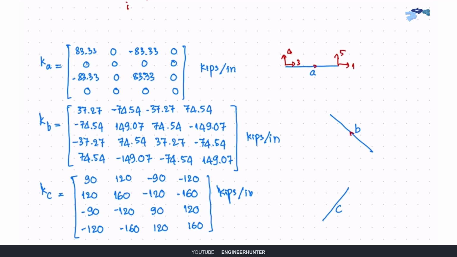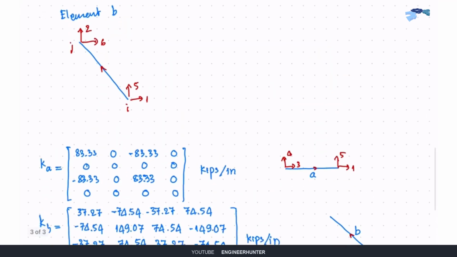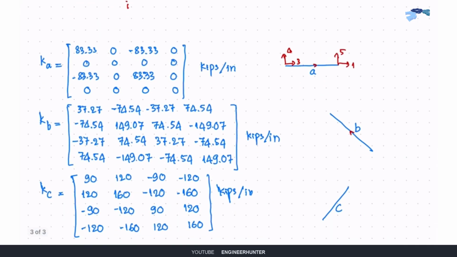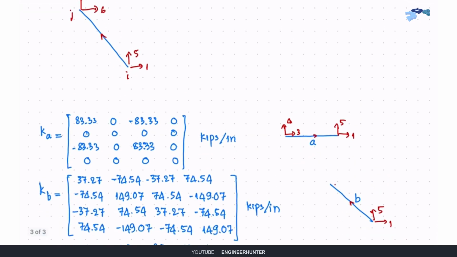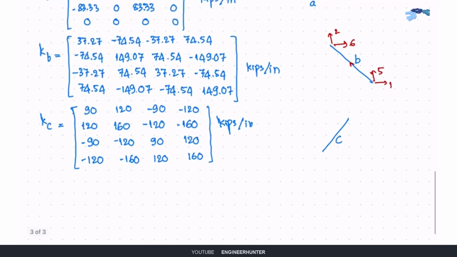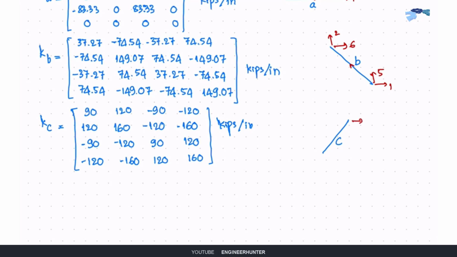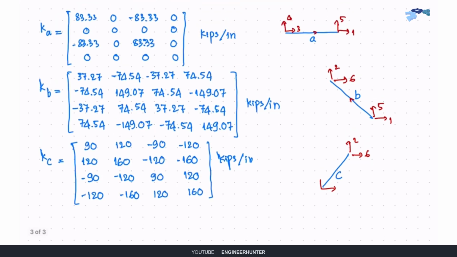And for the second element, you can define here 1, 5 and 6, 2, and for the last element, this is 3, 4.